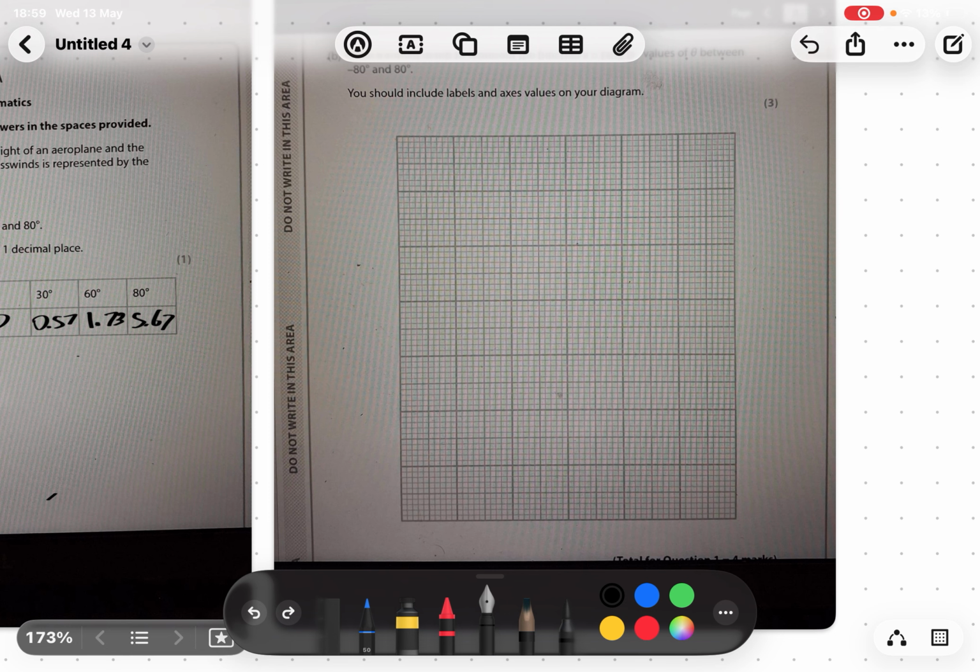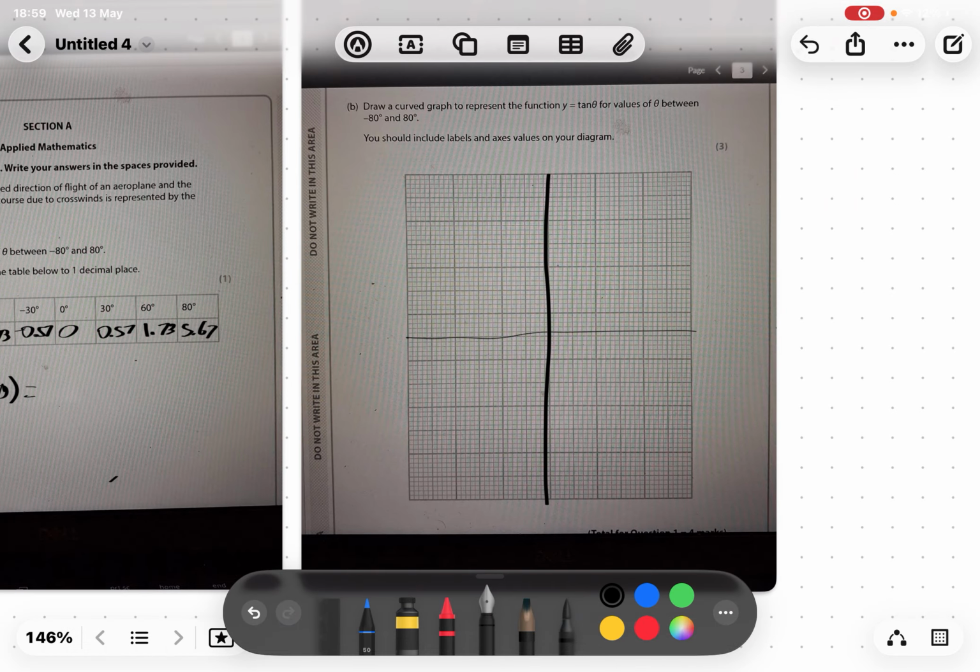I'll try to do it. It's going to be a bit messy. Then we need to place the numbers we need for the y. They go from about -5, so we're just going to put -6, -5, -4, -3, -2, -1, and 0 is right here.